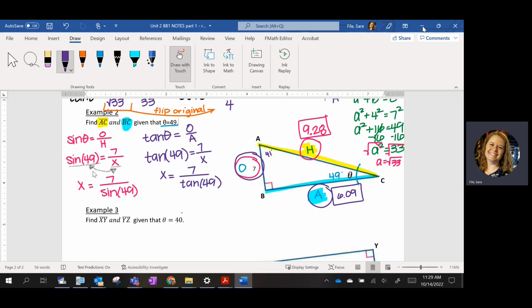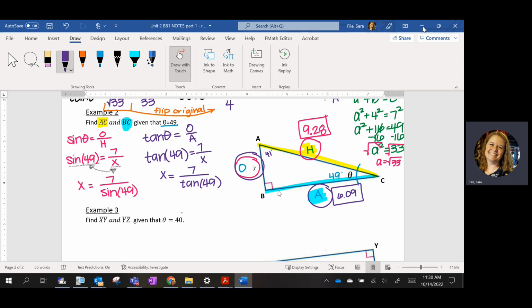Because if you made a mistake in the first step, and then you're using that wrong answer in your second step, you're definitely going to get it wrong. But doing it this way, going back to use the given information of 7 and 49 degrees, even if you made a mistake calculating this one, you could still get this one right. Y'all remember that conversation? So that's the same reason I would give here for using trig instead of Pythagorean theorem.